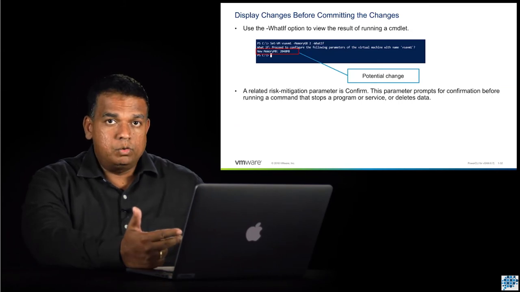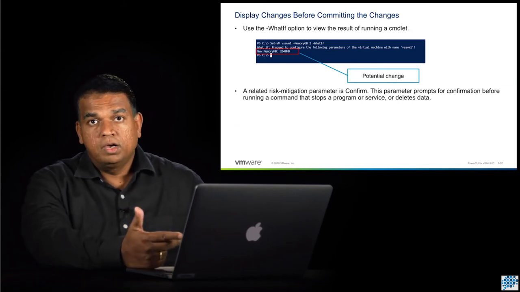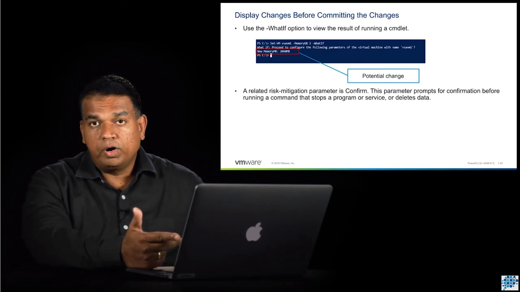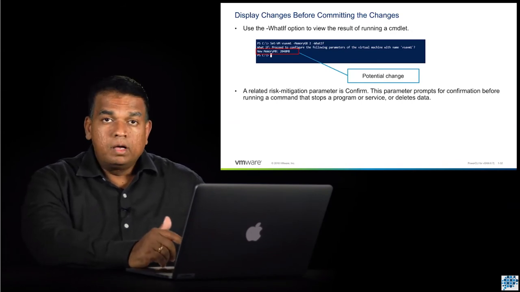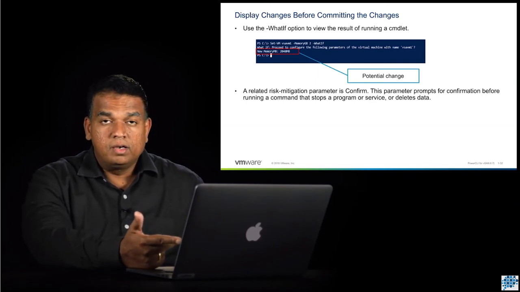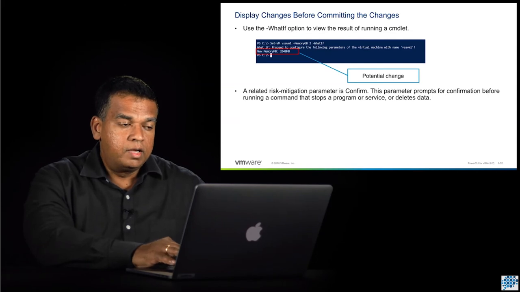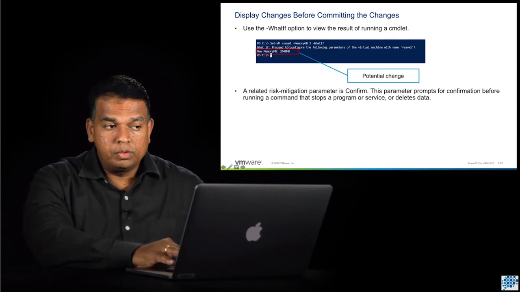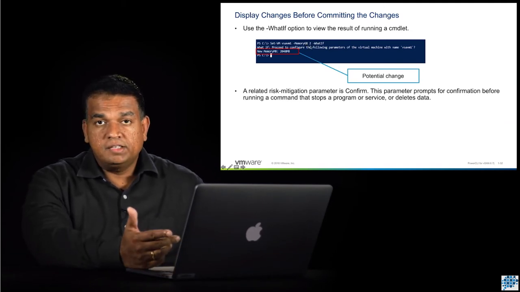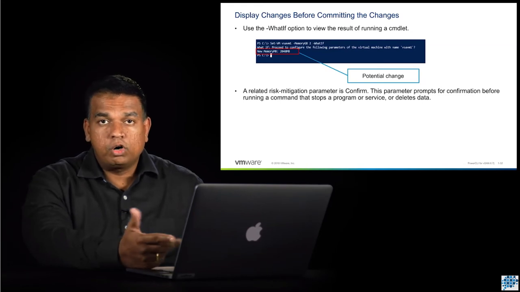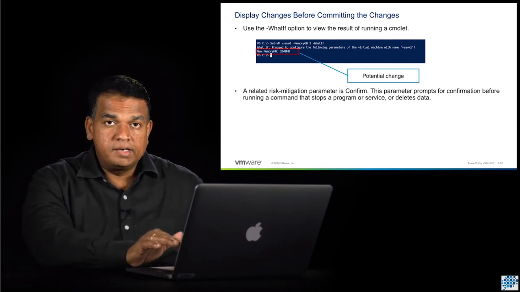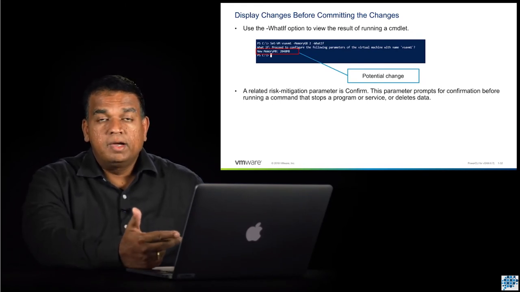A few of the other important parameters available to us while using PowerCLI is something called WhatIf. So what does WhatIf do? Let's say that you want to perform a task which is very critical. In this case, what I'm trying to do is Set-VM for a particular virtual machine, changing the memory to 2 gigs. I'm maybe not sure whether I want to change the memory, or before I hit the enter button, I want to make sure that I'm not running an incorrect command.